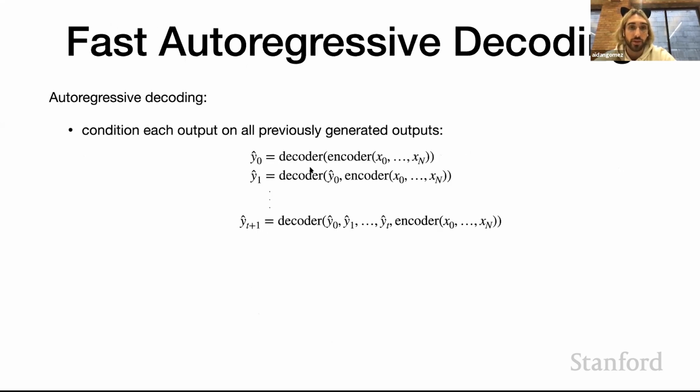What you do is you feed in those gold targets so that you don't need to actually do this loop. Instead of having to generate the first token, feed it back into your architecture, and generate a second token, you feed in the entire target sequence, and you just pretend that you generated all the right tokens up to position k, and then you predict the k plus first, and you compute your loss on that.